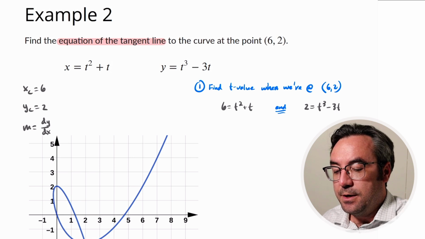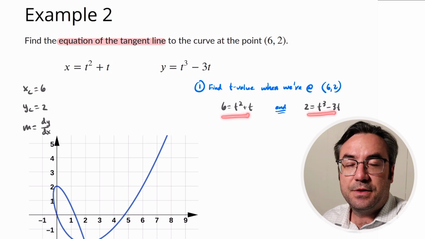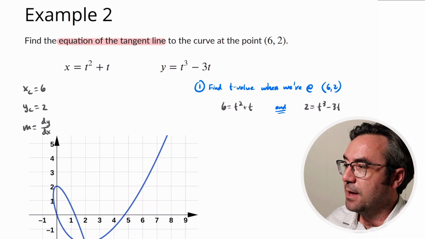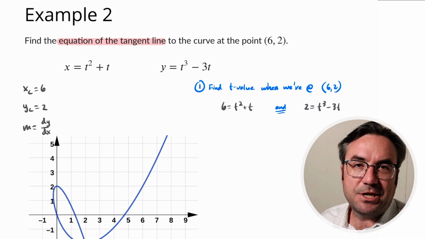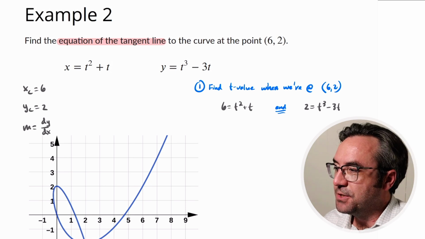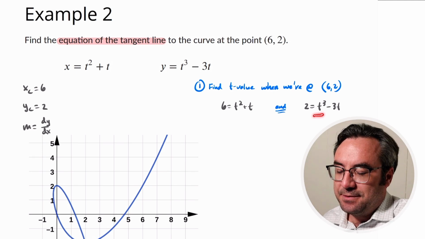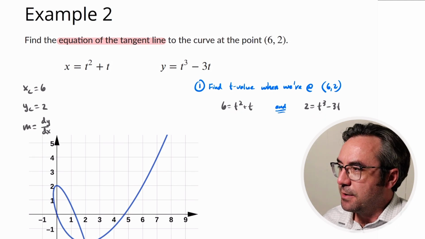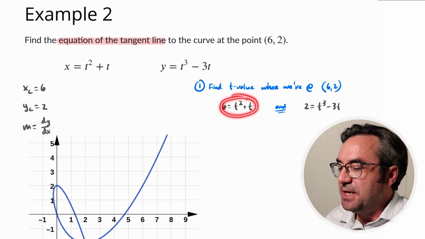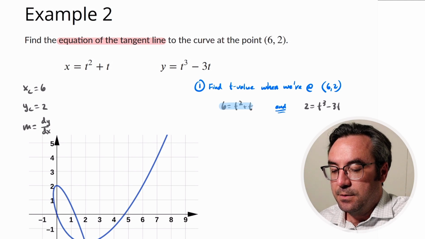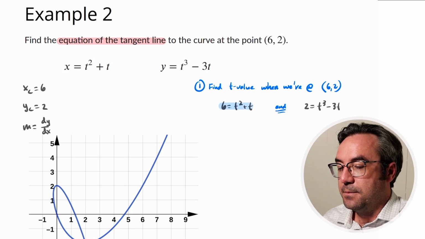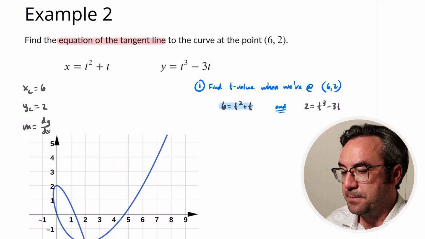So we end up with two equations that we could solve for t. And whichever one you pick, start with the easier one. This one's got a cube term in it. This one, the biggest power is squared. So I think this one's going to be the easier one, so we're going to start with this one and solve it for t.